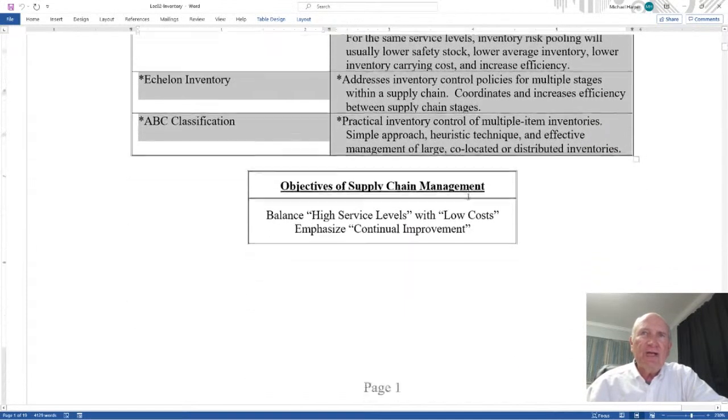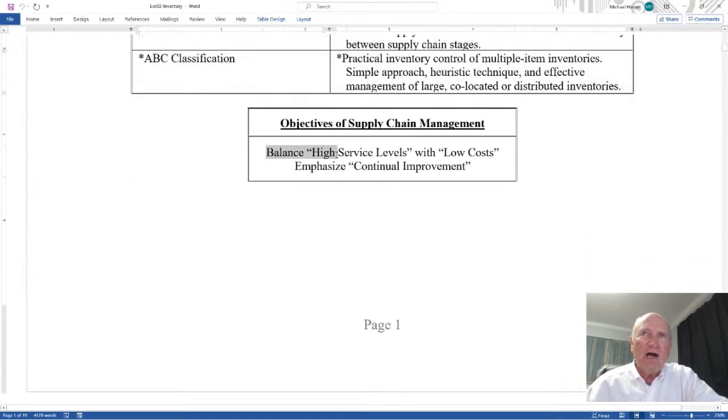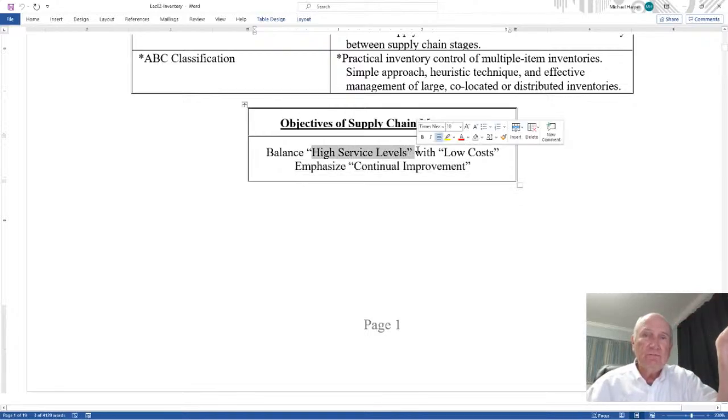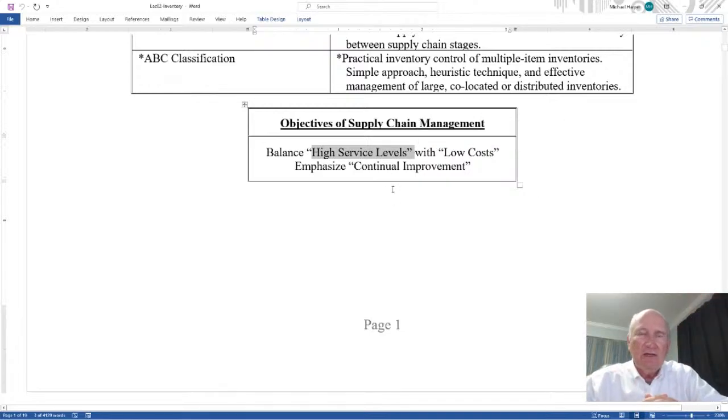Okay, first of all, your objective in supply chain is to balance high service levels with low costs and emphasize continual improvement. The high service levels naturally would mean a lot of inventory. The more inventory you have, the more you can satisfy your demand and order fulfillment, and the service levels are high.